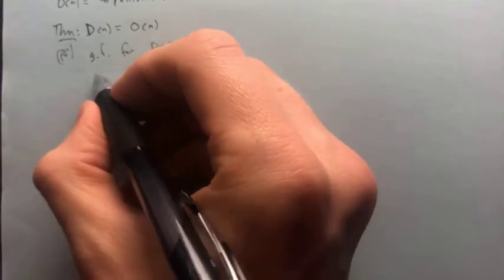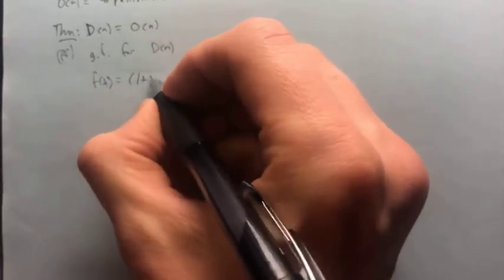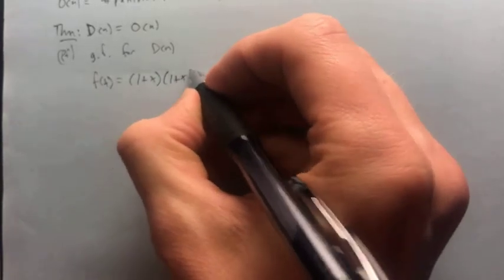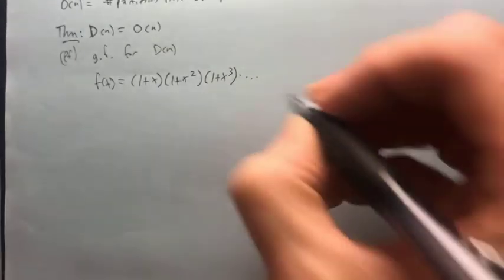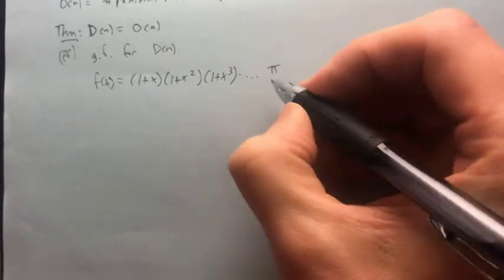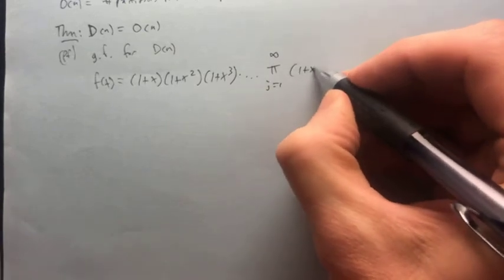So we're going to set up our generating function as 1 plus x times 1 plus x squared times 1 plus x cubed times ... which is just the infinite product as j goes from 1 to infinity of 1 plus x to the j.